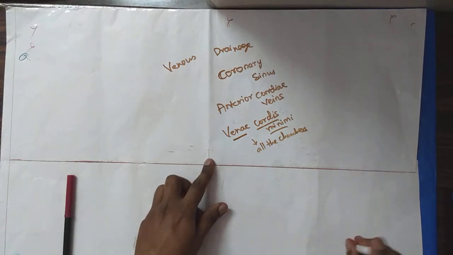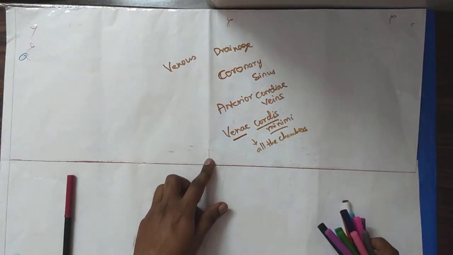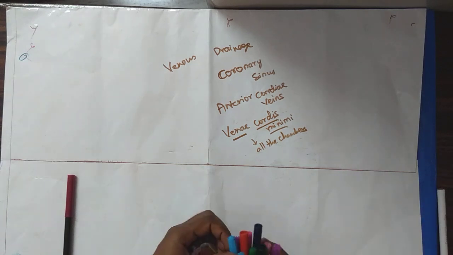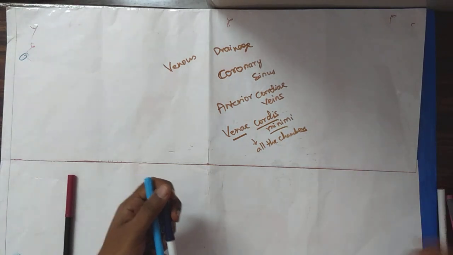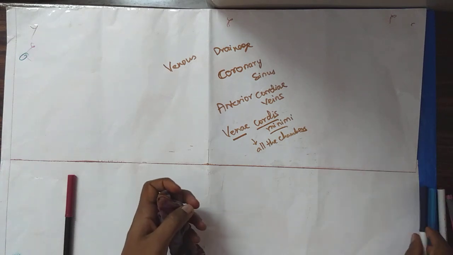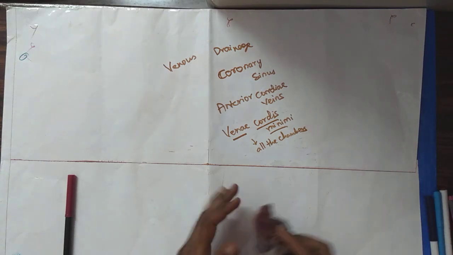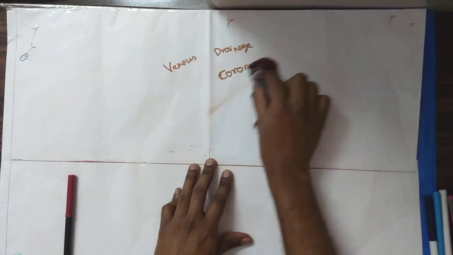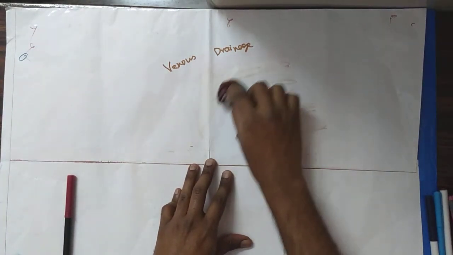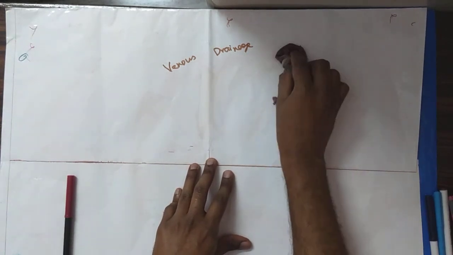Now getting back to this coronary sinus. Coronary sinus is a large vein which you will be finding in the posterior part of your atrioventricular orifice, that is in between your right atrium, left atrium and right ventricle and the left ventricle.